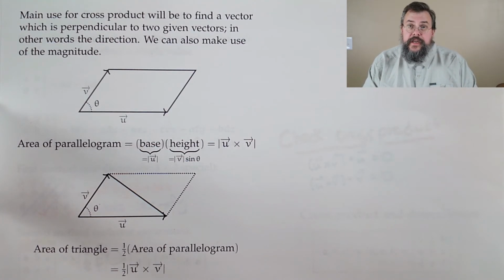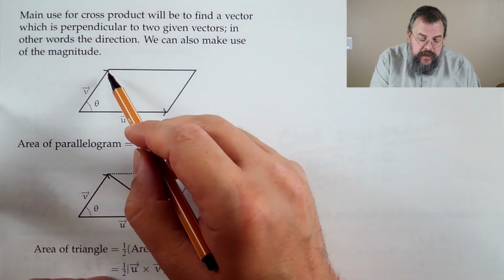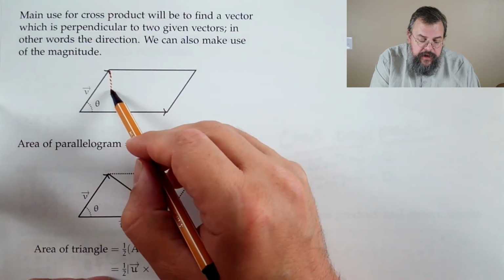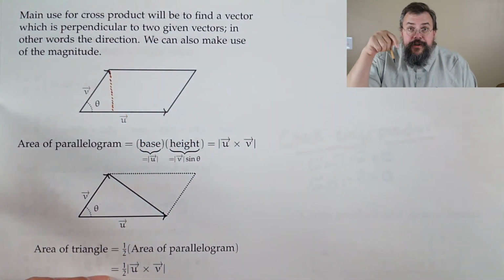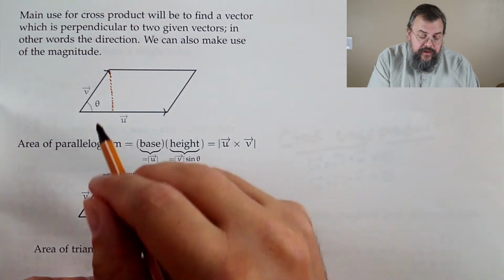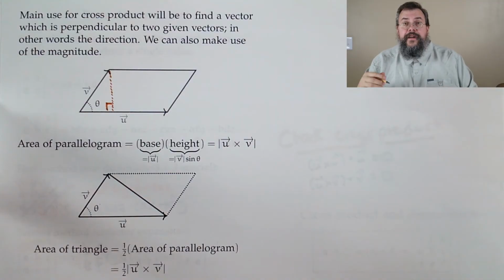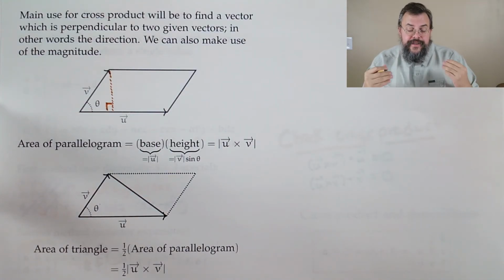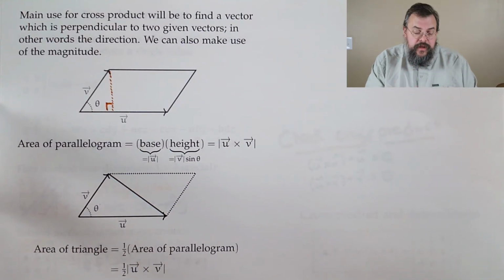Well, we can actually think of the picture. Suppose I have my angle theta, and I'm going to do a similar thing to what we did when we talked about dot product. Just imagine dropping straight down. So this forms a right angle. Now, previously when we had cosine theta, the cosine theta looked at the adjacent part.